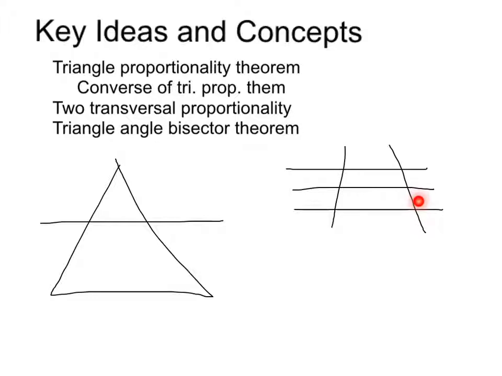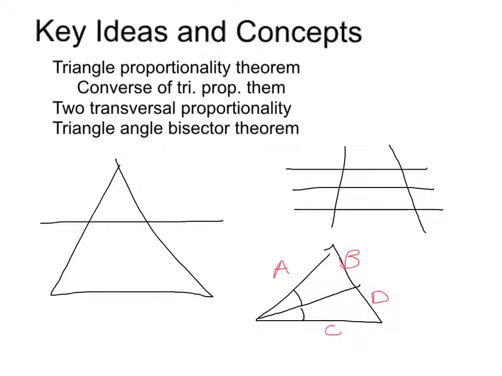And finally, we learned about the triangle angle bisector theorem, which says if I have a triangle and one of the angles is bisected, then distance A to B equals C to D. All right, this concludes the lesson.